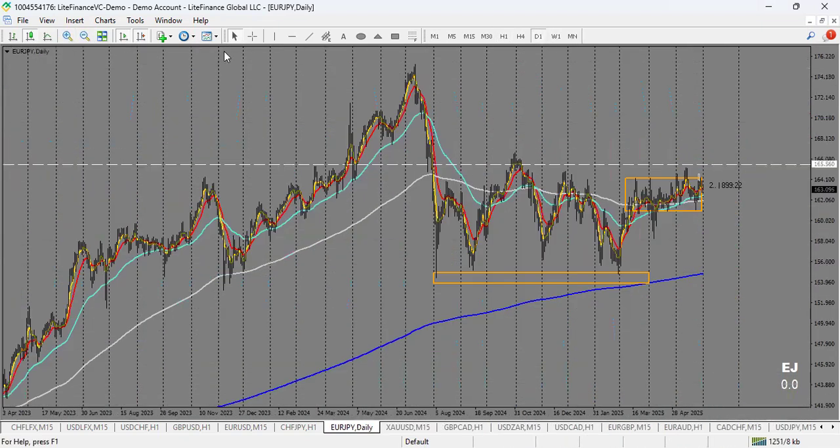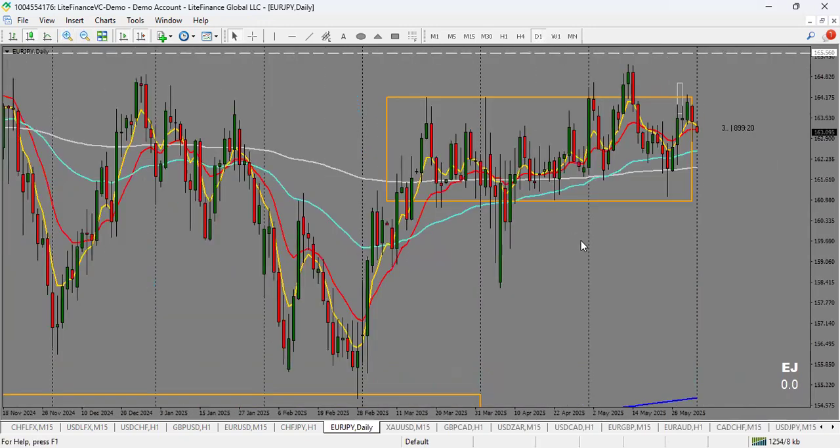If you look at the daily time frame, you can see our last bullish move started on the 200 EMA. In this move, we are having a retracement here, but if you look at it closely, it is forming a head and shoulders pattern here. I think this move is because of the JPY.